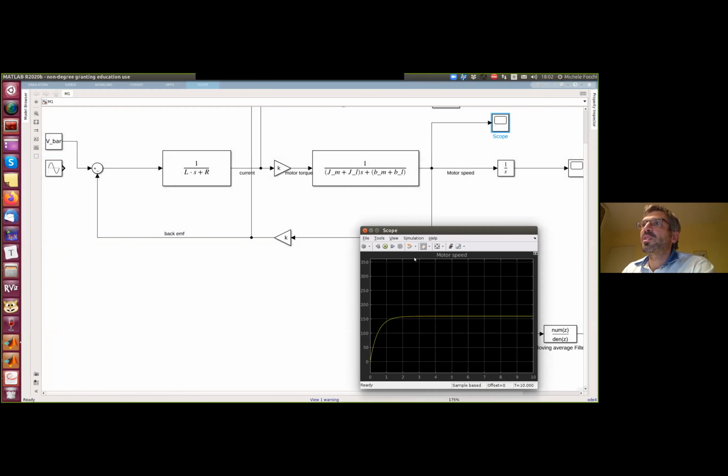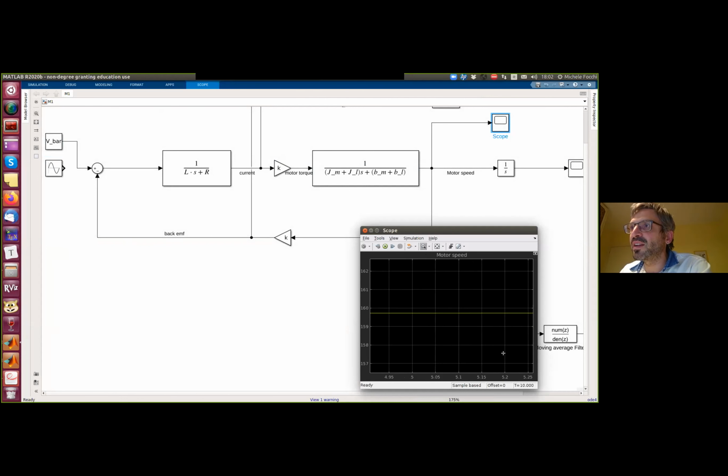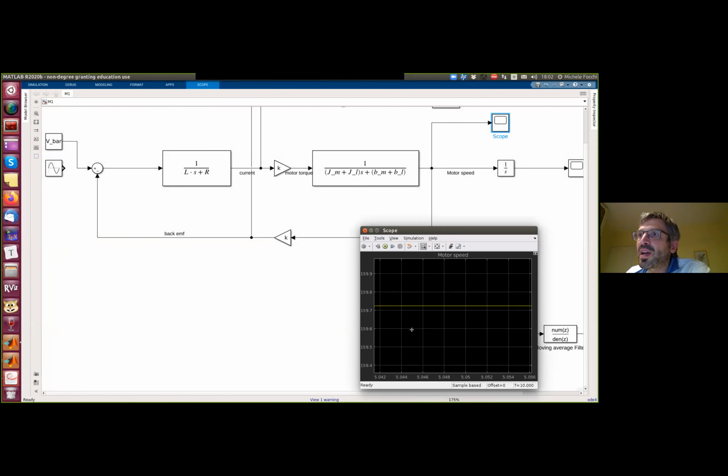We simulate, we expect a similar behavior, but the value of the steady state velocity is slightly lower because we added some friction on the load side and it's about 159.7.